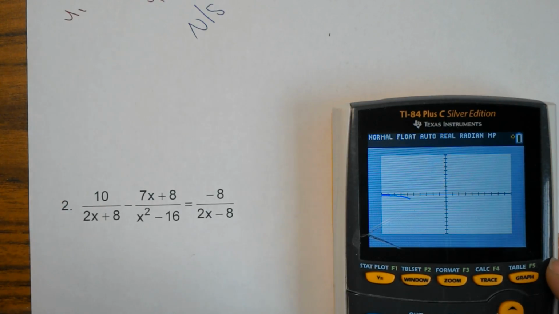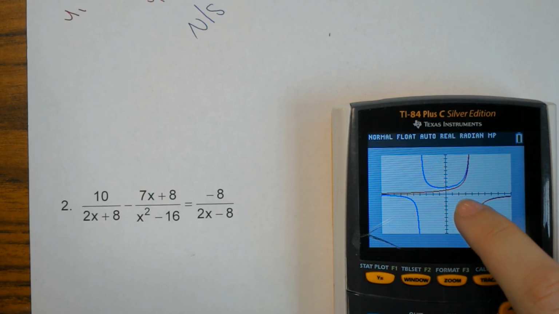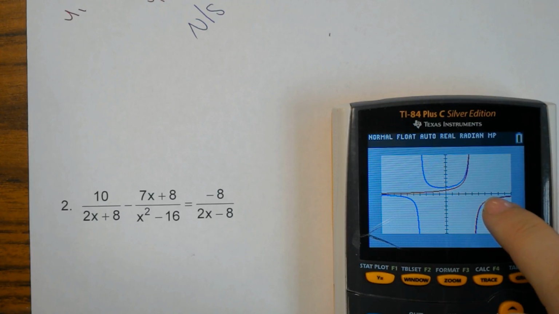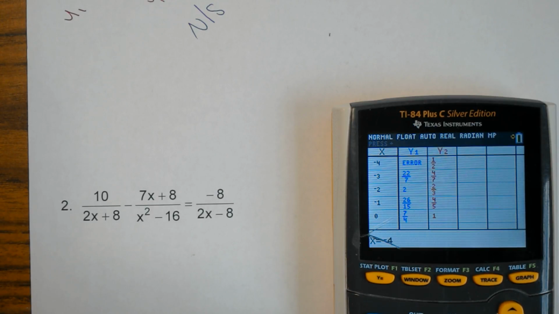So I'm going to see if I can find roughly where they would cross if they do cross. So somewhere in here between like -3 and 7, it looks like they could have crossed. I'm going to go to the table and see if I can find the intersection in the table.